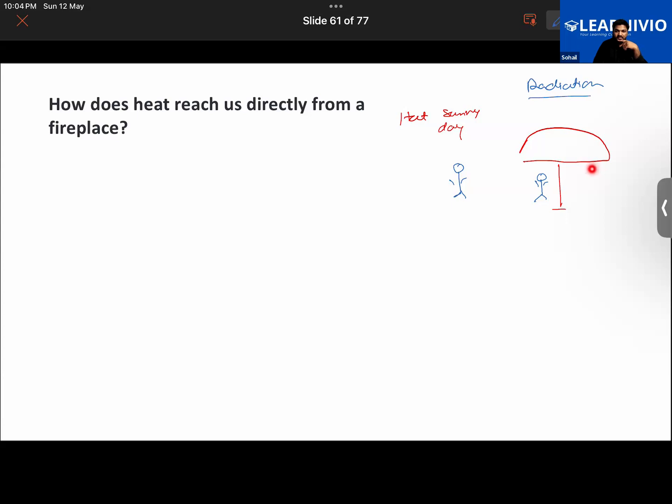You guys getting my point? So radiation is a method which does not require contact or a medium, and it's a direct transfer of heat from one object to another, and it does not heat the air in between. So the sun is able to warm the earth without warming the space between the sun and earth.